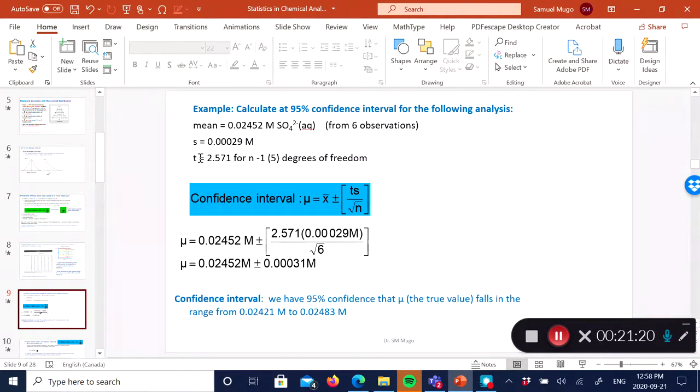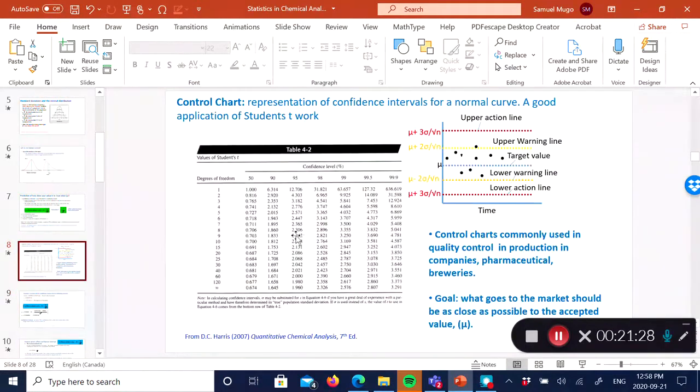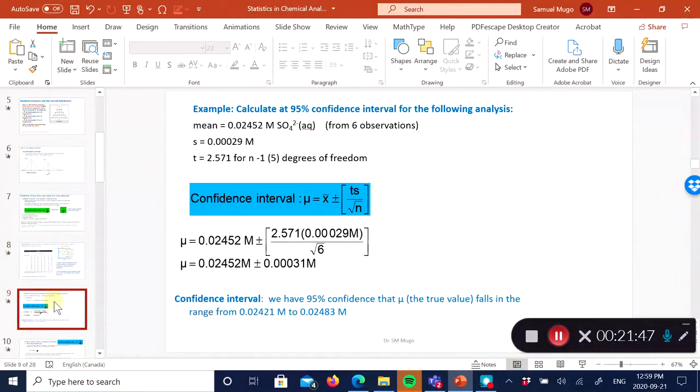Now, the student's T, as I've said before, you've got 6 measurements, so 6 minus 1, it's 5 degrees of freedom. So you're expected to determine the student's T at 95% confidence with 5 degrees of freedom, and the T from the table is 2.571. And so that's the T in the table.